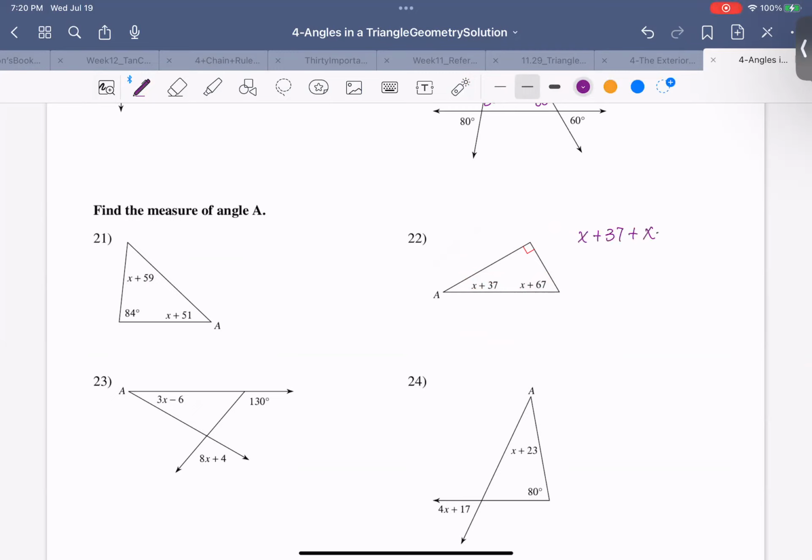So you plus this equals 90. 2x plus 104 equals 90, and then 2x equals negative 14. x equals negative 7.